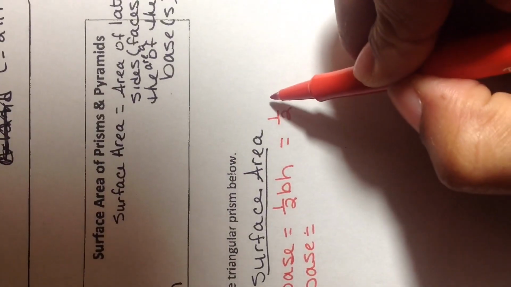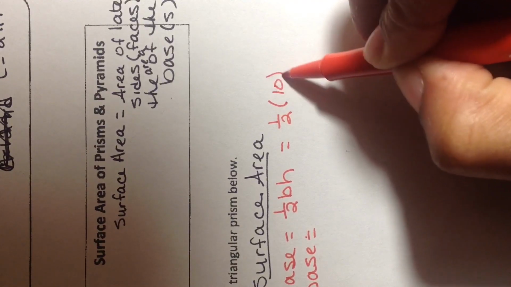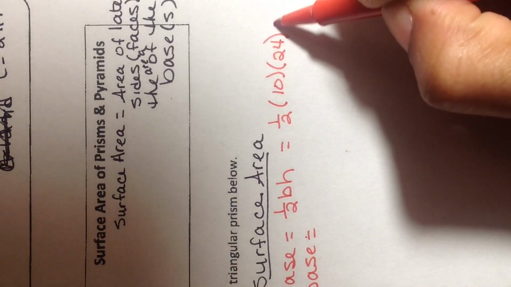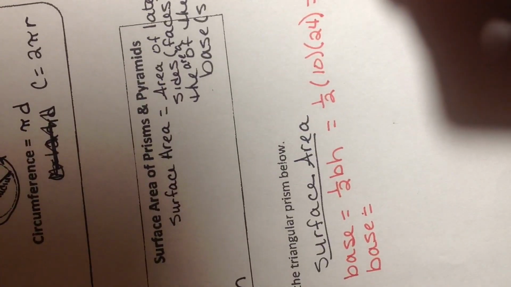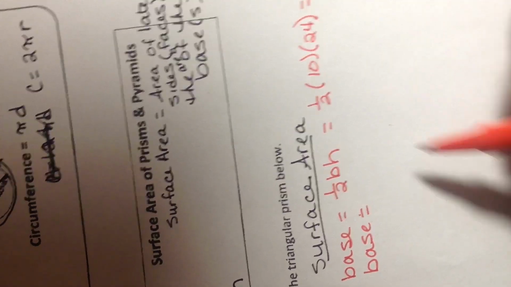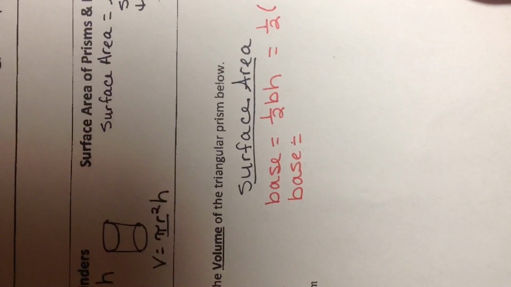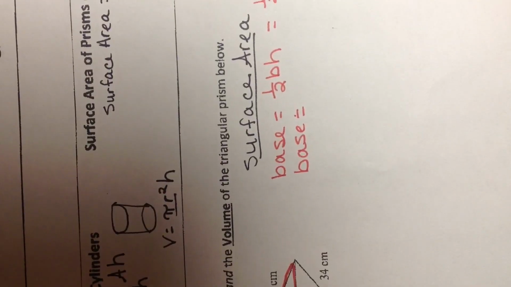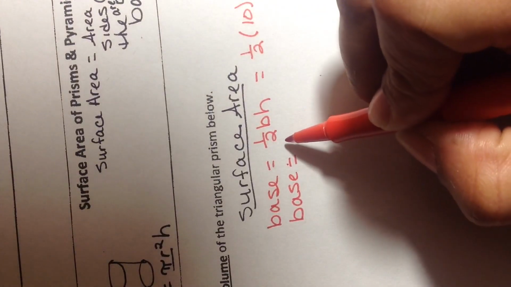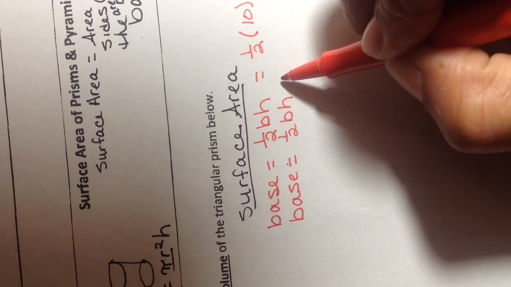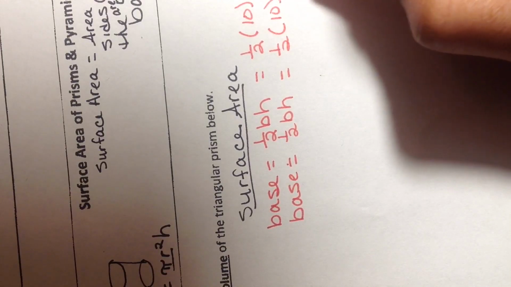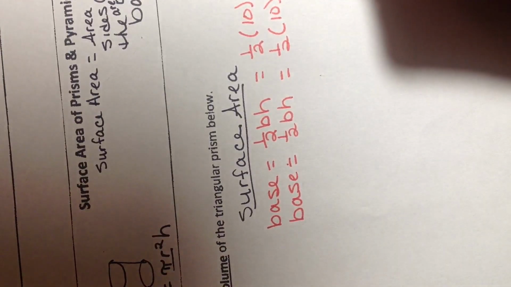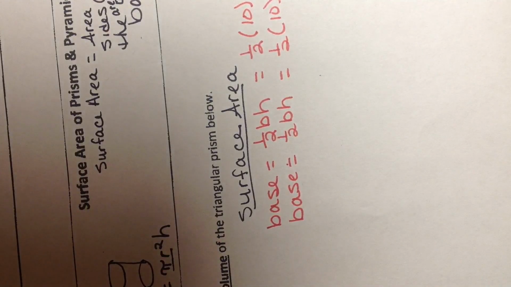So it is 1/2 times 10 times 24, which gives me 1/2 of 240, which is 120, and my units were centimeters, so area is centimeters squared. We already talked about this: our bases are going to be the same for a prism. So the formula is 1/2 the base times the height, and it's exactly the same as the other base, which is 120 centimeters squared.